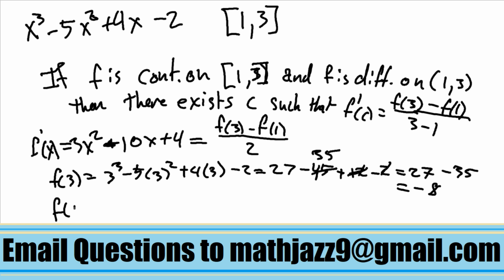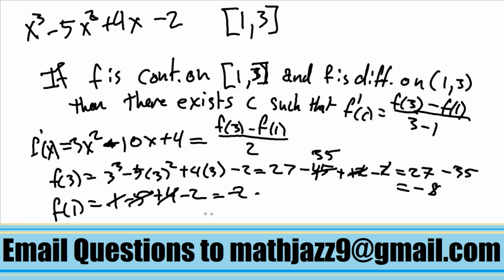And f of 1 is equal to 1 minus 5 plus 4 minus 2, which is going to be -2.